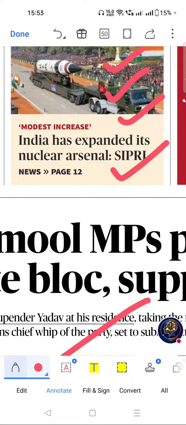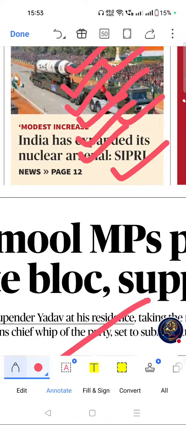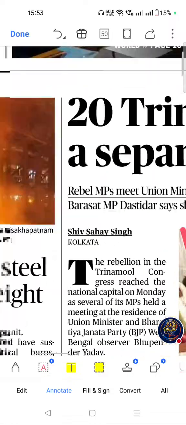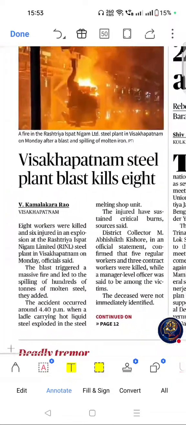Questions on this topic are related to nuclear doctrine, no first use policy, and strategic deterrence. Key themes related to this topic are nuclear deterrence, SIPRI, strategic stability, and defense modernization. Move on to the next important article of this page.